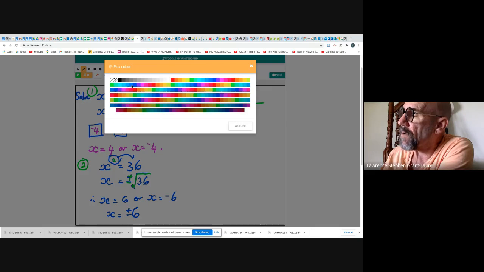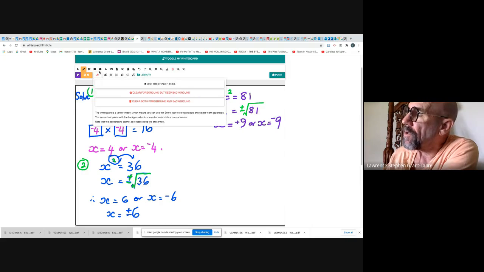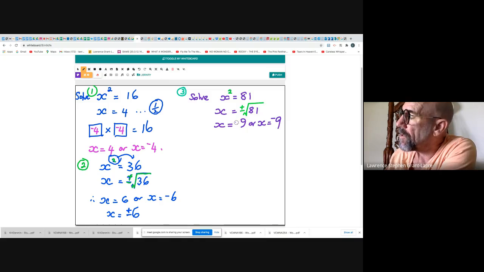So when you take a square across to the other side, it is square root of 81. That's a positive square root of 81, or a negative square root of 81, and the square root of 81 is 9. So it's a positive 9, or x equals a negative 9. Of course, you don't need the positive.